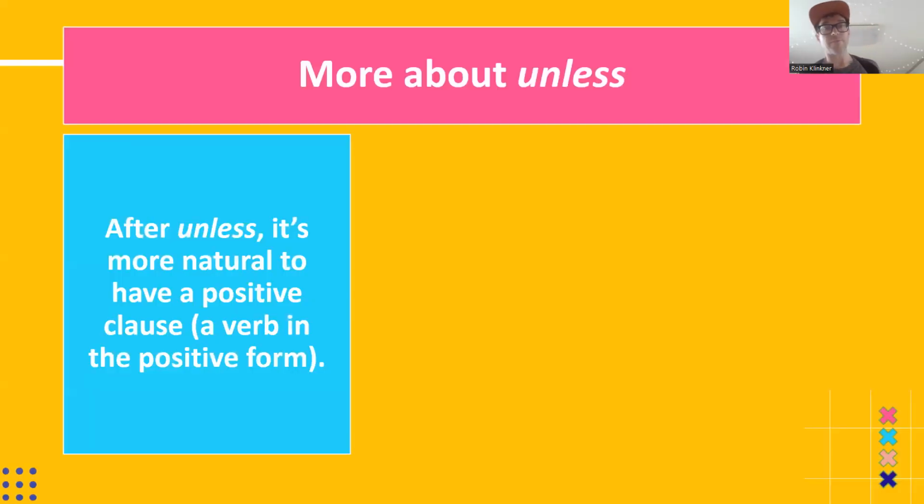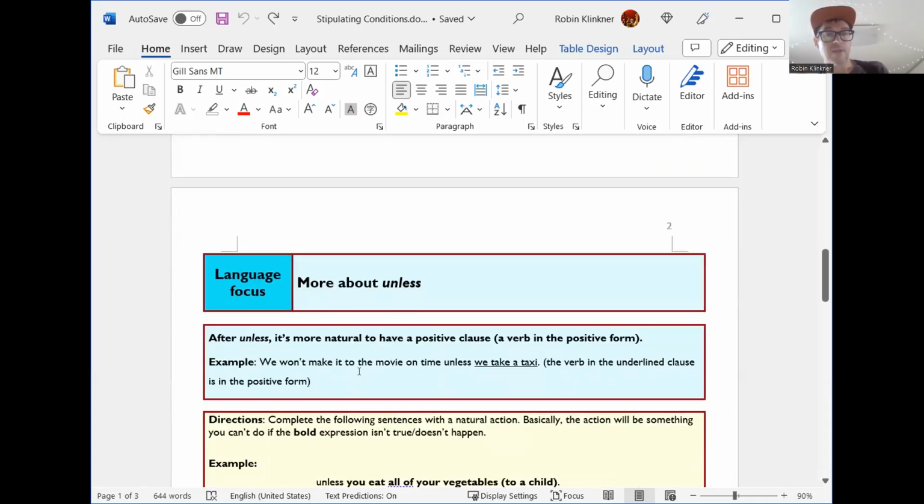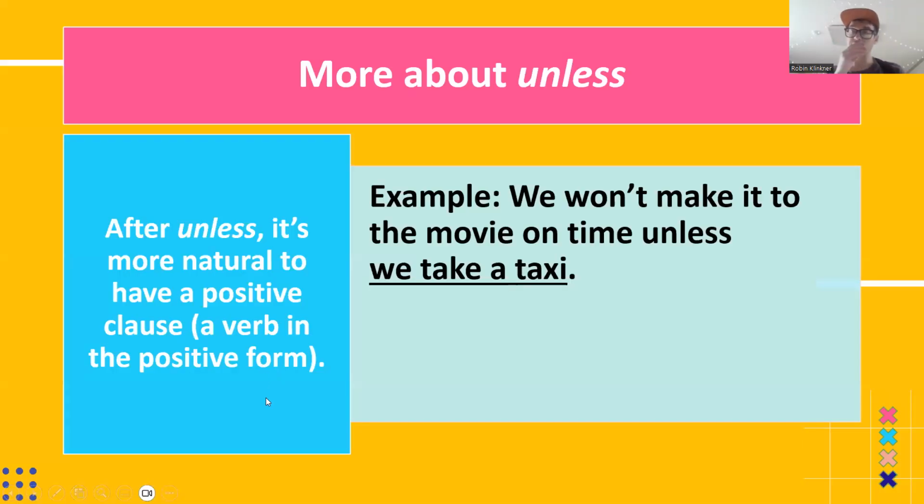Okay, so here's just something I want to let you know. After unless, and by the way, that's here too, so this is in the handout. When you use unless in the condition, it's way more natural to have a verb in the positive form.